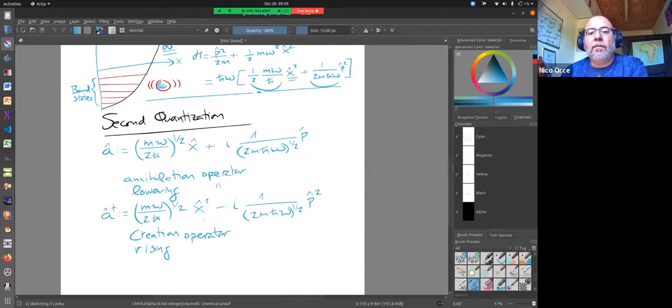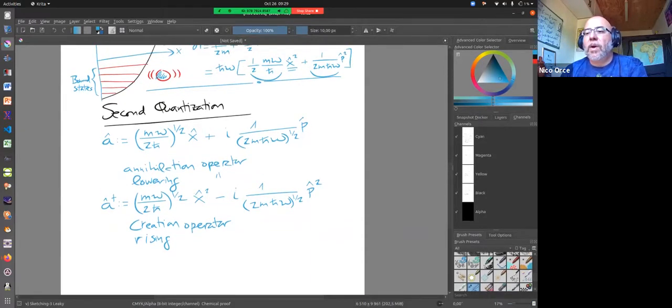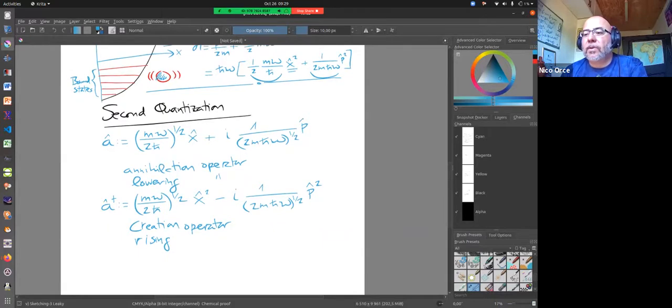Okay. So now we are going to start playing with these operators, and we're going to convert this x and p into a and a dagger.